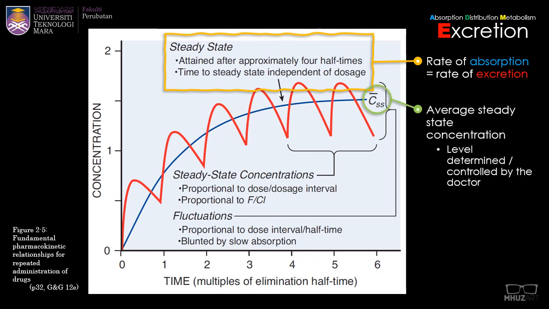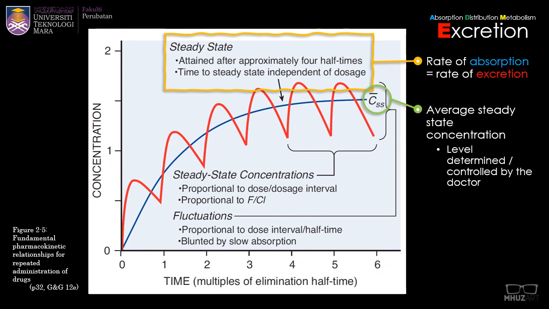So this smaller CSS here is depicting the blue line, which is the calculated average steady state concentration.